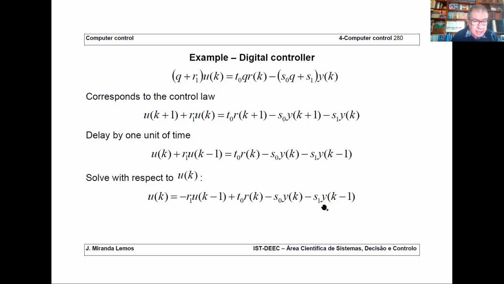Okay? So if you want to implement this control law in a digital computer, it's very simple. You need some memory to know past samples. And of course, you must know these coefficients R1, T0, S0, and S1.